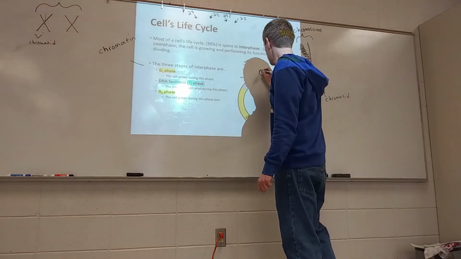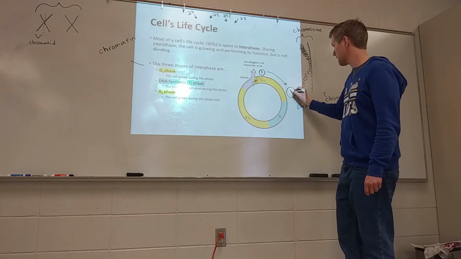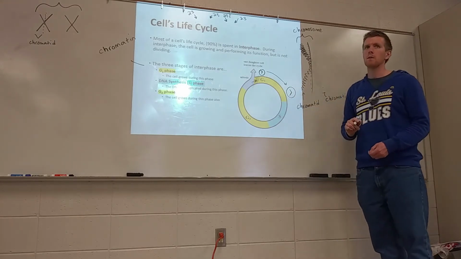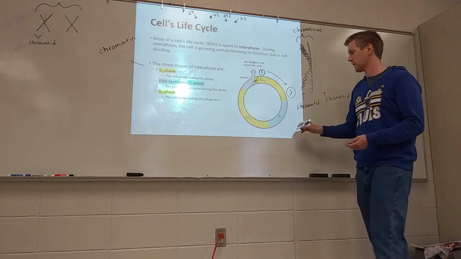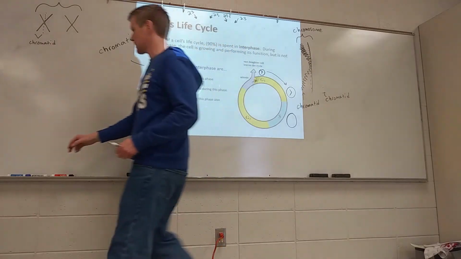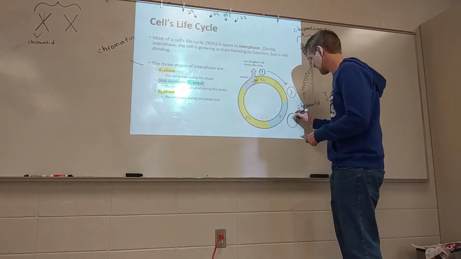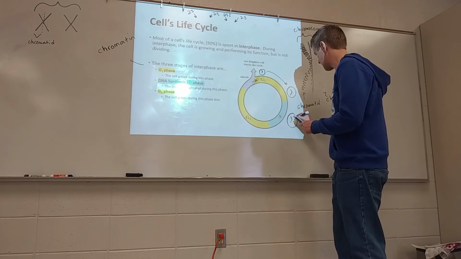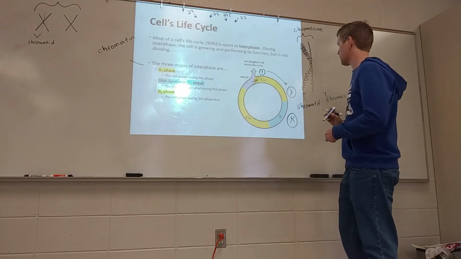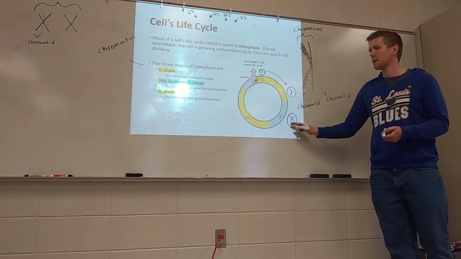But we've got G1, cell's growing, there's 1/2 of a chromosome. That's all we have right now for each chromosome. It looks something like that. In the S phase, that's when the chromosome is going to duplicate and produce the other half of the chromosome. Now we have 2 chromatids.